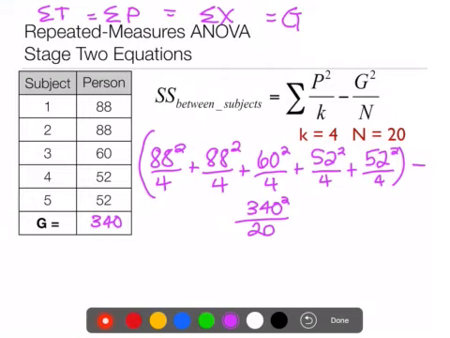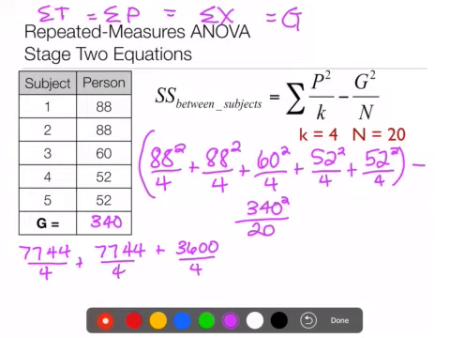So 88 squared is 7,744, and we get to use that one twice. 60 squared, oh, helps if I actually type 60, is 3,600, and 52 squared is 2,704.